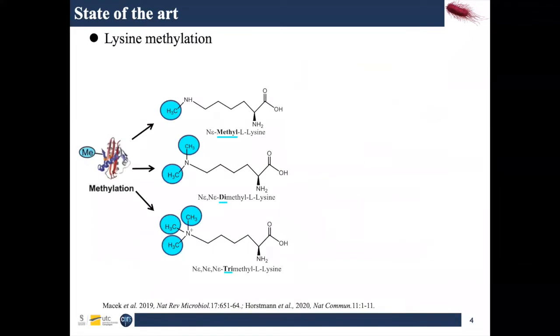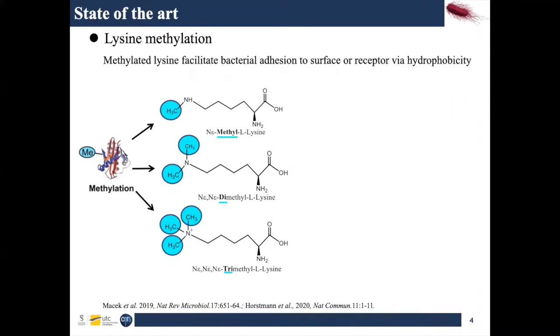As we mentioned before, the different states of bacteria are mainly associated with some post-translational modifications, and the typical one is methylation. In recent years, some research found that methylysine can promote bacteria to adhere to the surface or receptor via hydrophobicity.